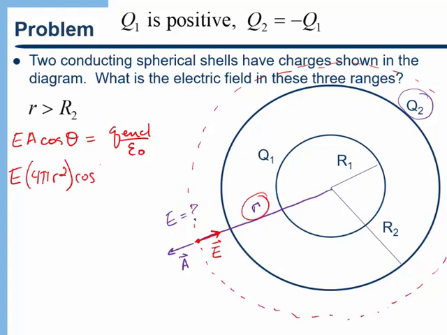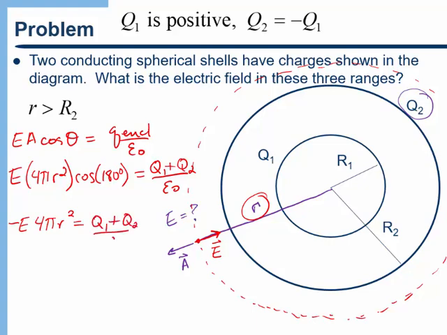I've got the cosine of 180, so that's just going to give me a -1. But how much charge is enclosed in my dotted line, in my Gaussian surface? Well, it's Q1 plus Q2 over epsilon naught. So I've got -E 4 pi r squared is equal to Q1 plus Q2 over epsilon naught.